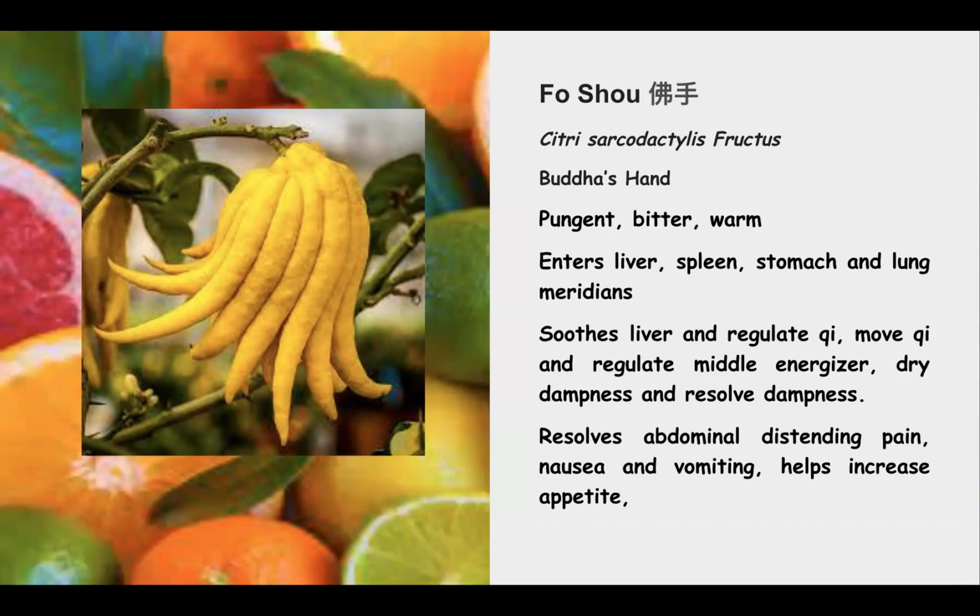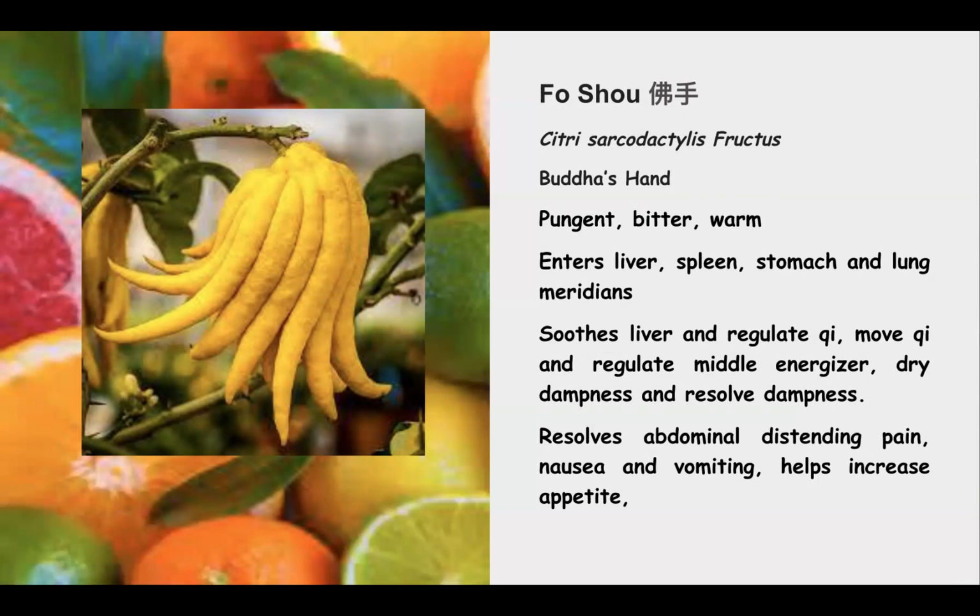And it's eaten as candy, or you add it to things like panettone and other stuff like that, where they candy the peel. I think it's really delicious. I also think it's really pretty to look at in terms of the tree. And this herb, obviously the peel is used. It's pungent, bitter, and warm. It enters the liver, spleen, stomach, and lung meridians. And it's really good for soothing liver qi and regulating qi.